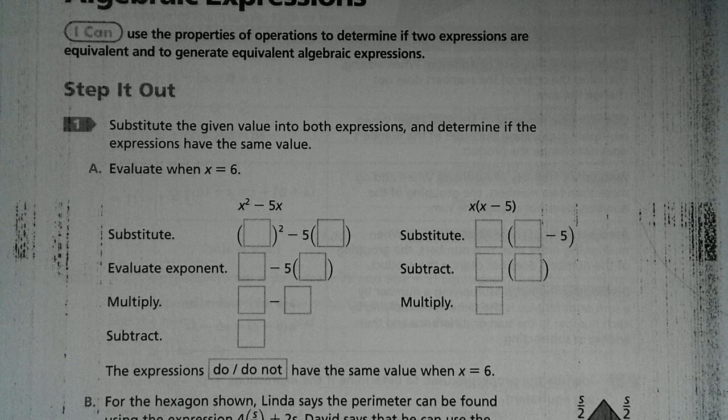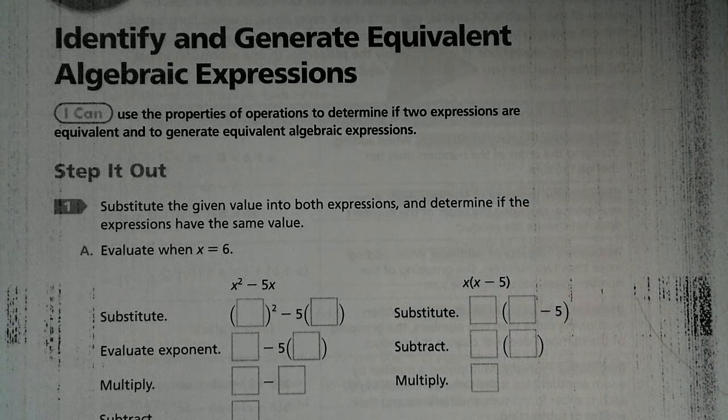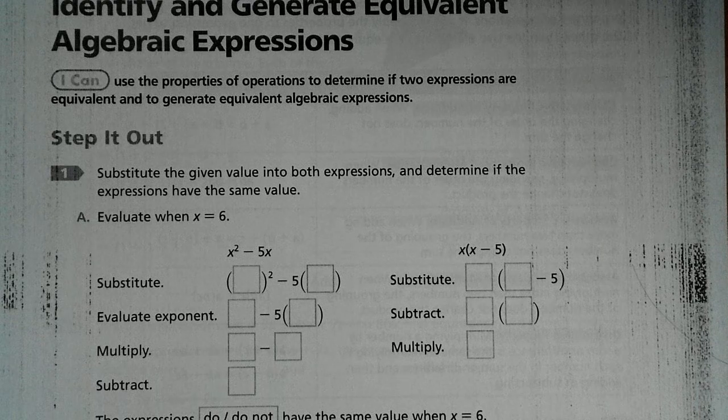All right, is everybody good? All right, so we are going to identify and generate equivalent algebraic expressions. So now we're going to learn how to substitute information in and see if one equation is equivalent to another. Okay?